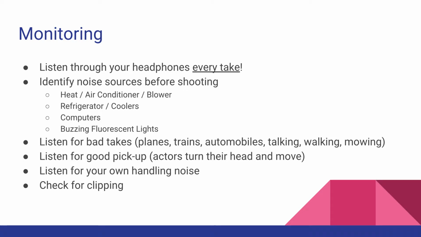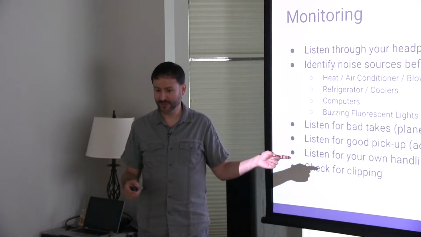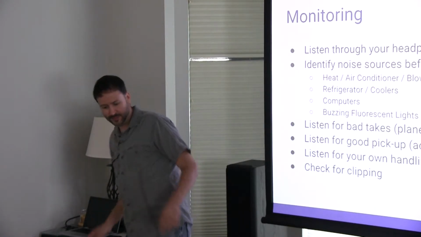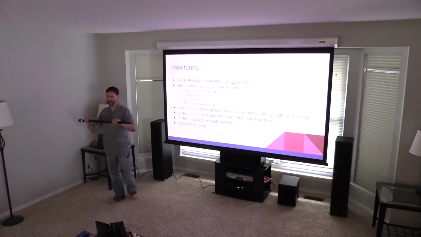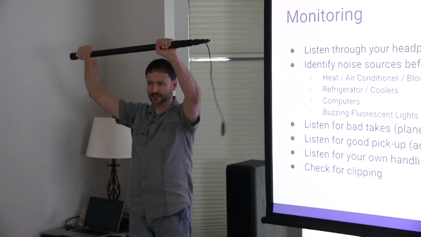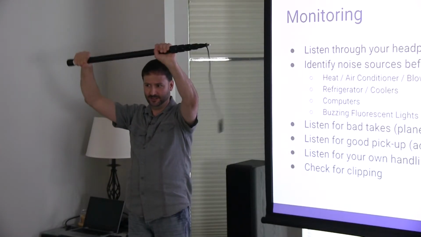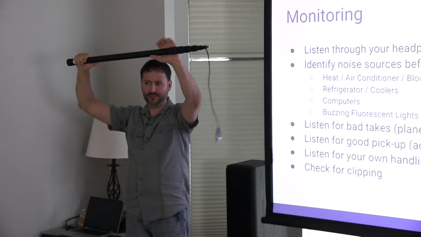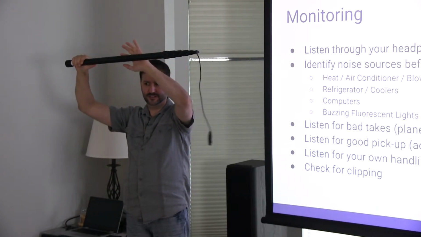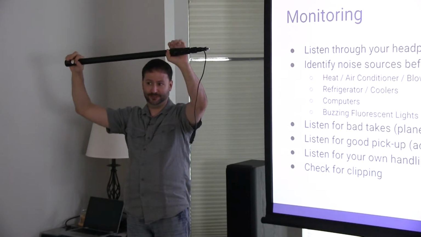You also need to listen for noises that you make. You've got this boom, and it's directly attached to the microphone. Can you guys hear that? You could totally hear it in the microphone. Even just slightly moving your hand a little bit is really loud on the microphone.